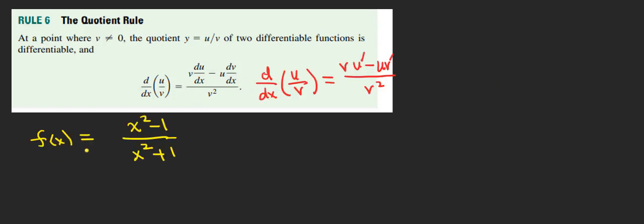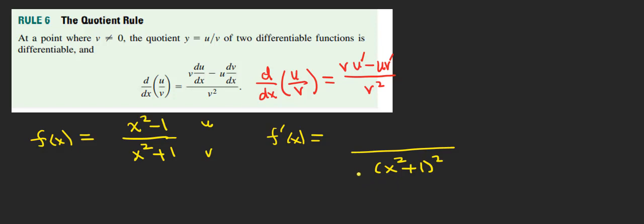So let's say you have f of x equals x squared minus 1 over x squared plus 1. So our u is x squared minus 1, and our v is x squared plus 1. So how would you find the derivative of this, f prime of x? Well, first, it's going to be the denominator squared, v squared, so quantity x squared plus 1 squared. Now what about on the top?